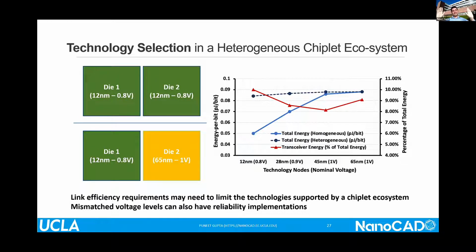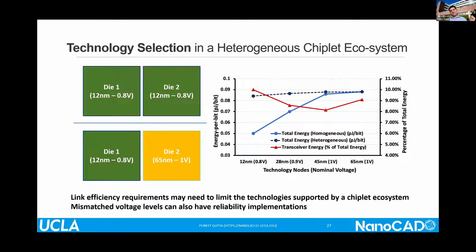Now, if I want to connect a 12 nanometer die to a 65 nanometer die, now the chiplet interface will have to run at 1.1 or 1.2 volts necessarily, at the higher of the two. That has an energy overhead. Large, I mean, 0.8 to 1 volt is already about 30 to 40% energy overhead.